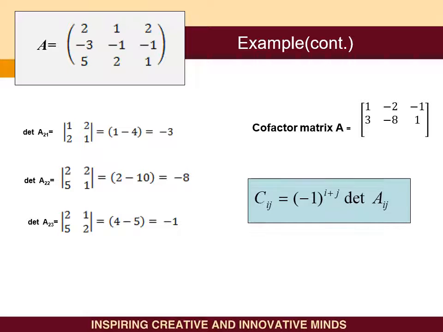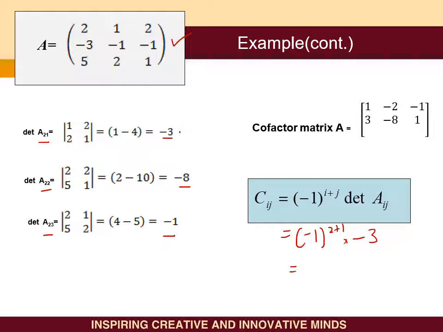Okay, then use the same thing that we do on the first row for the second row, whereby you need to find the determinants of A21, A22 and A23, get the answer for the determinants, and then use this cofactor. Let's say for the 21 here, 2 plus 1, determinant of 21 is -3.